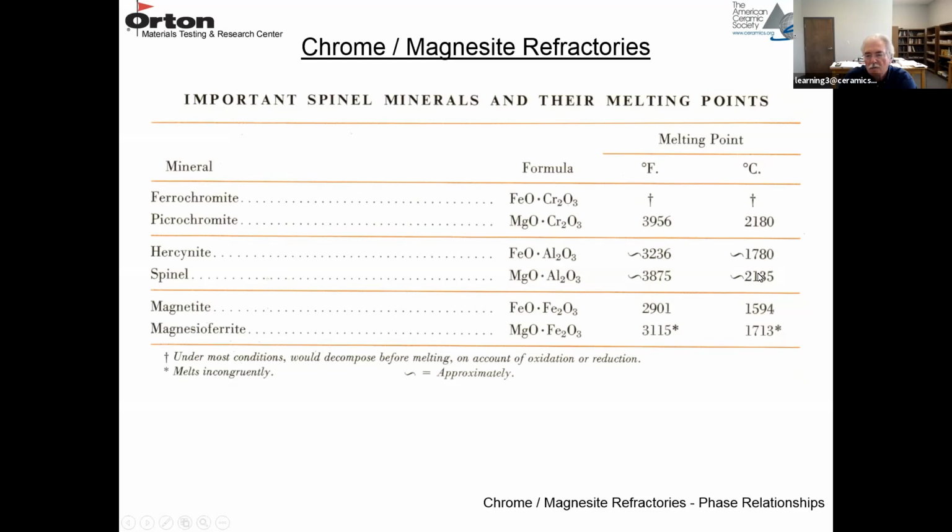MgO-Al2O3 is 2135. So you can see that an MgO-based spinel is going to have a higher melting temperature than an FeO-based one. And then FeO-Fe2O3 is low melting material, 1594. And then the MgO-Fe2O3 spinel is going to be higher at 1713. So that's the melting points of the 6 possible spinels in a chrome ore.